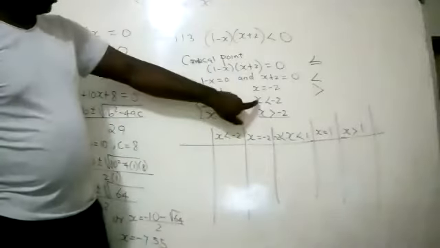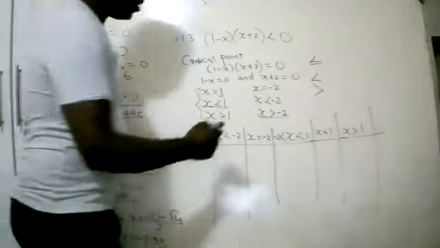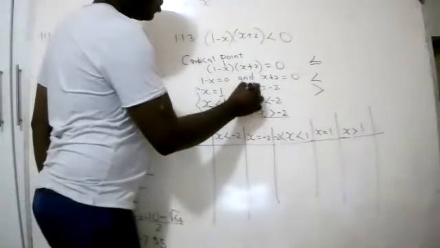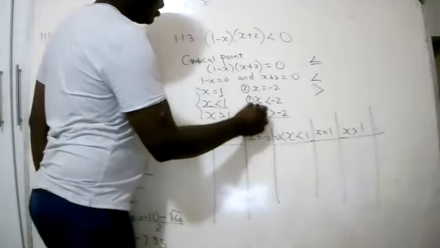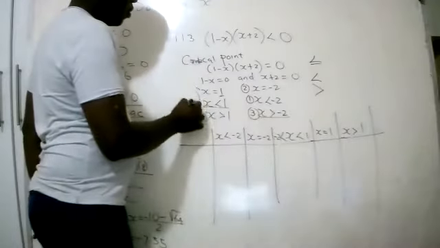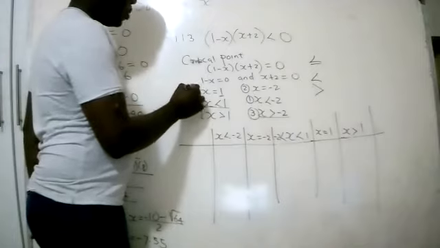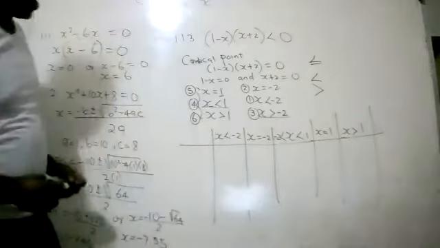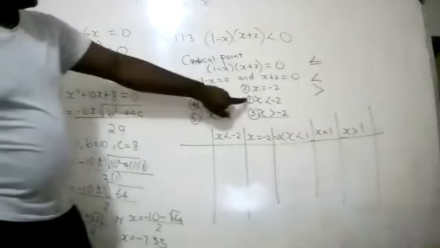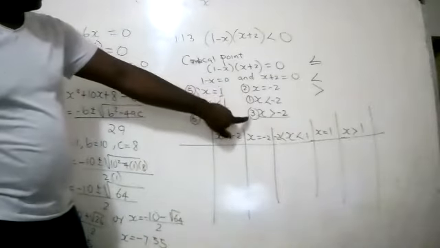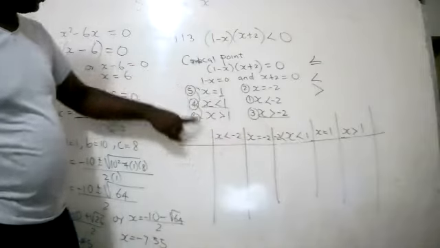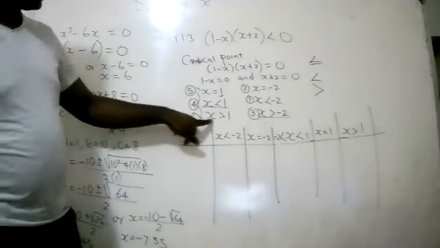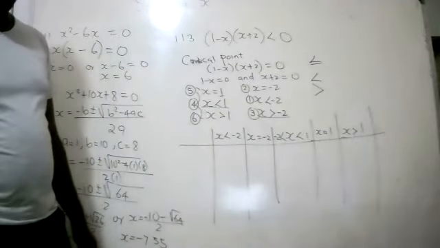So we are starting from the smallest. We can say this is value number 1, this is value number 2, value number 3, value number 4, value number 5, and that is value number 6. So I arranged them according to the order: the smallest, second smallest, third smallest, fourth, fifth, and the last one is x greater than 1. Is that clear?